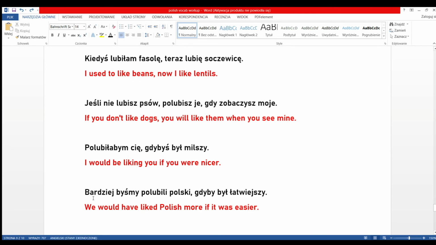But here, since you are expressing a comparative form, you can use this inverting of words, okay? I hope you understood. So, bardziej byśmy polubili polski, gdyby był łatwiejszy.